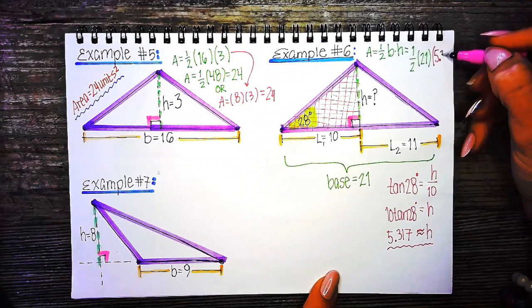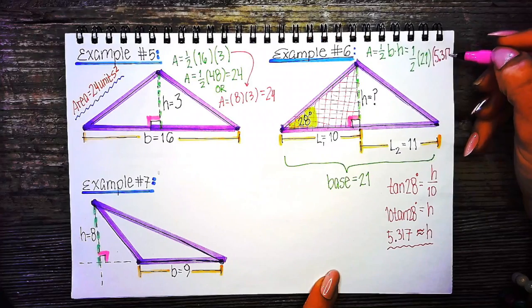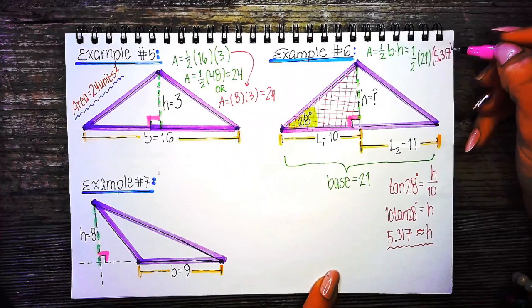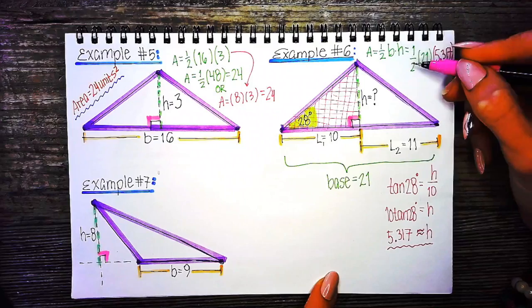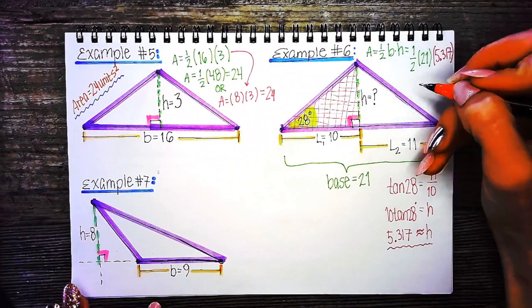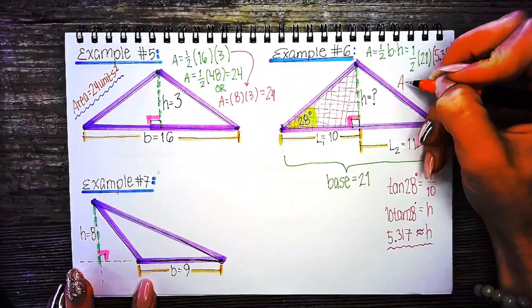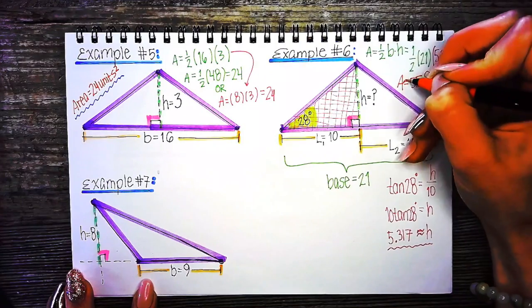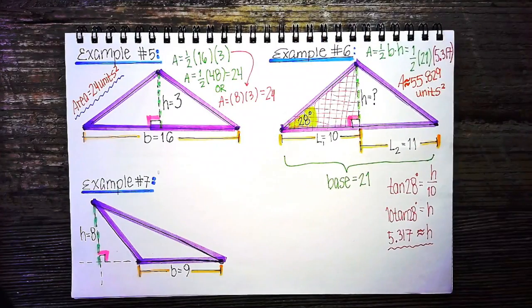However, if you chose to figure out the height, 10 tan 28, separately, you should have gotten approximately 5.317. If you chose to do it this way, you'll use 1/2 times 21 times 5.317 to get your area. Whatever way you choose to do this example, you should get that the area is approximately equal to 55.829 units squared.